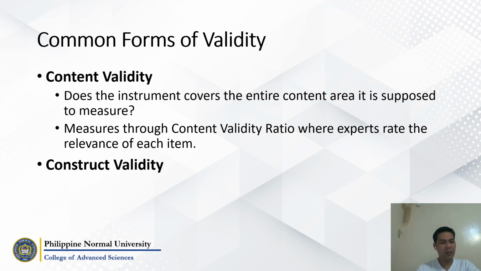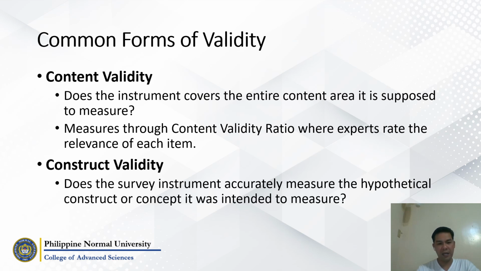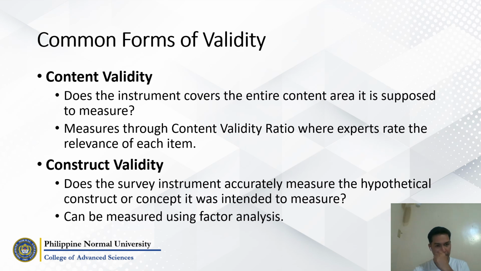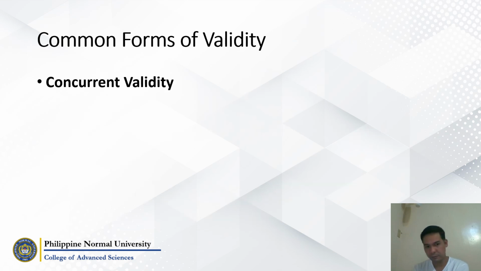And also, we have construct validity, which answers the question, does the survey instrument accurately measure the hypothetical construct or concept it was intended to measure? It can be measured using factor analysis. For content, CVI. For construct, factor analysis.